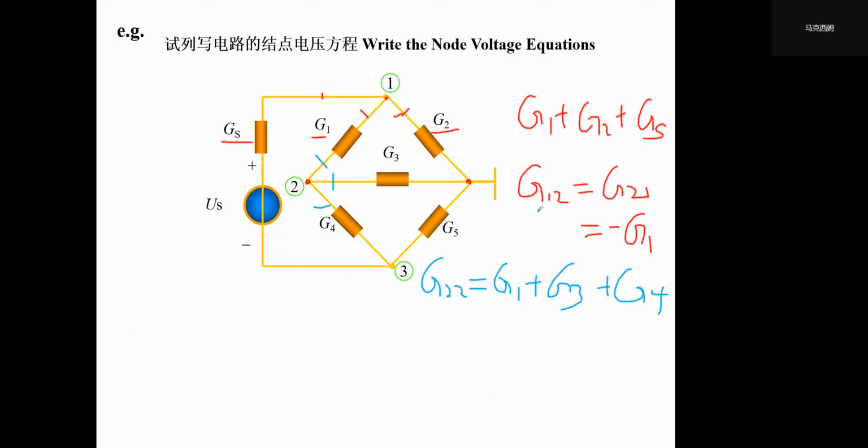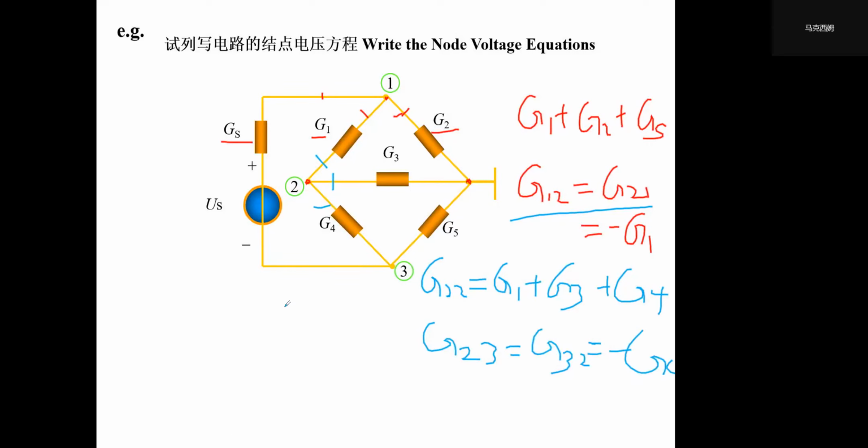We also already calculated G12 and G21, so we only have to worry about G23. So G23 equals G32 equals negative G4.